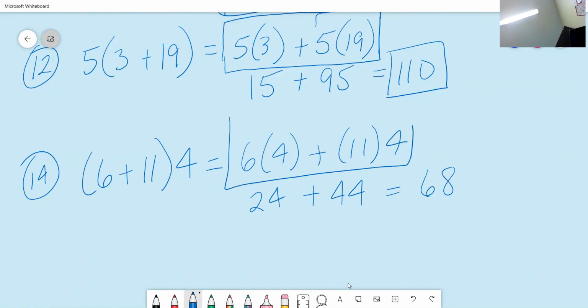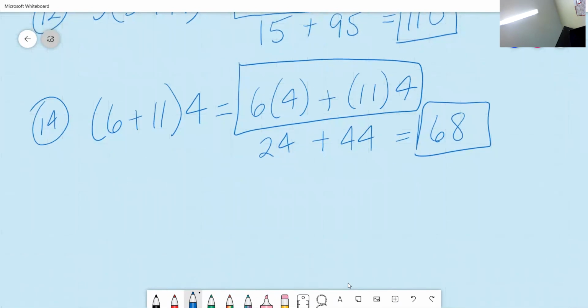So first you have your distributive property where you have used that to write an equivalent expression. And then because we have all integers here, we can go ahead and solve it, simplifying it down to 68. Okay, number 16 says 7 times d plus 5.